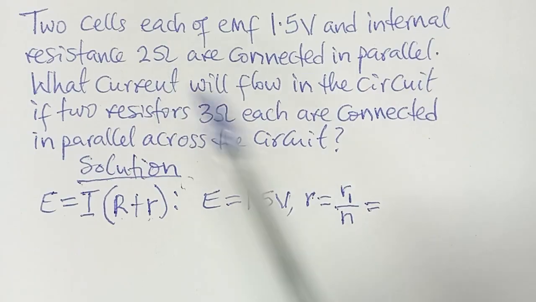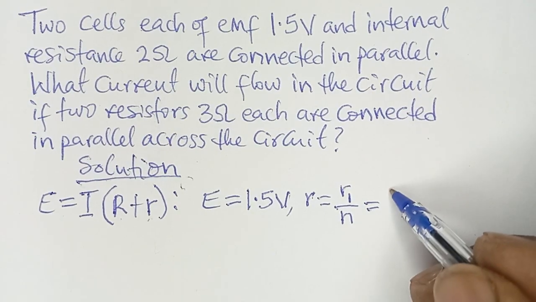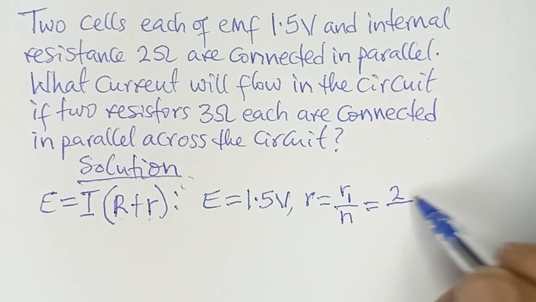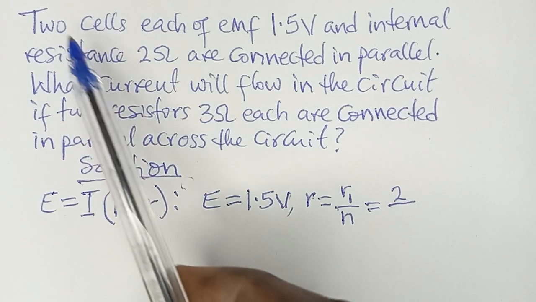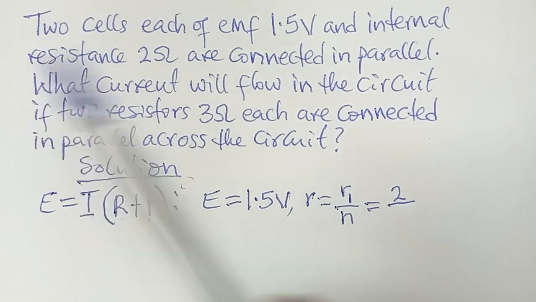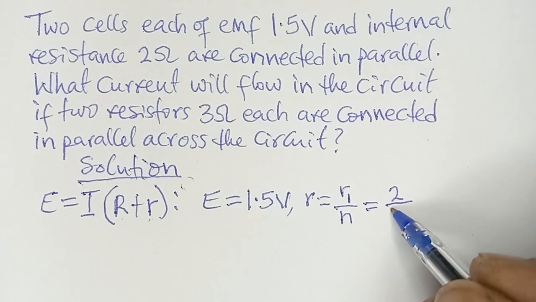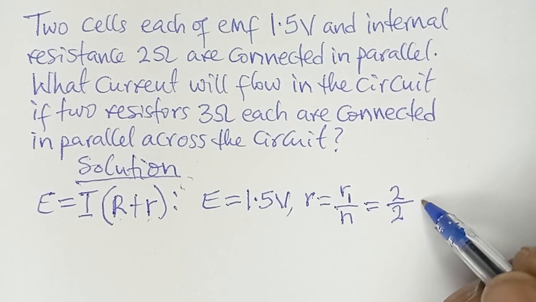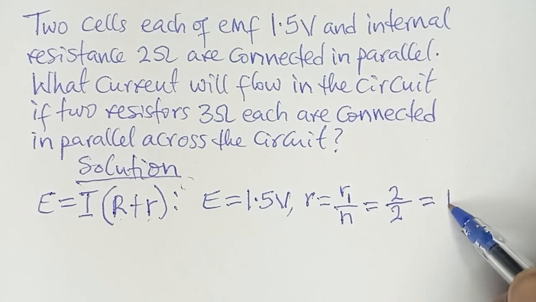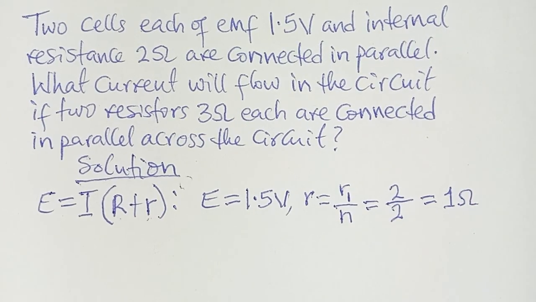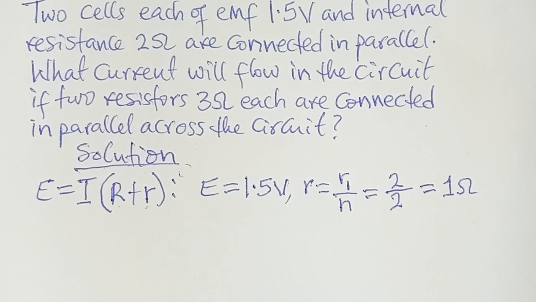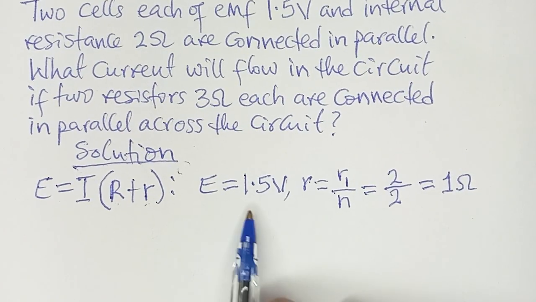So we pick 2 ohm and divide by n, the number of cells. We have 2 cells, so we divide by 2. So 2 divided by 2 is equal to 1. So the effective internal resistance is 1 ohm, and we also have the effective EMF.